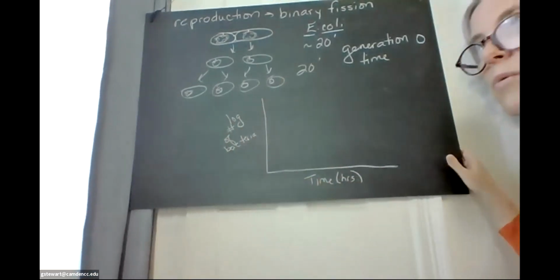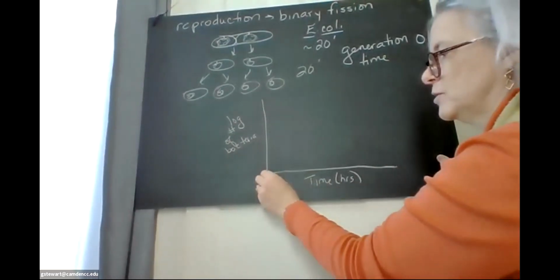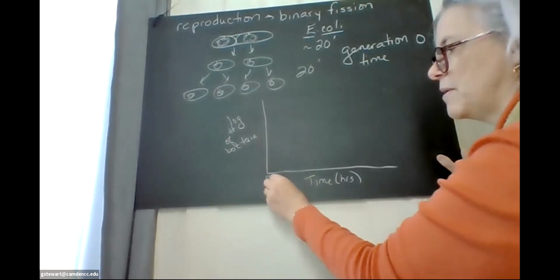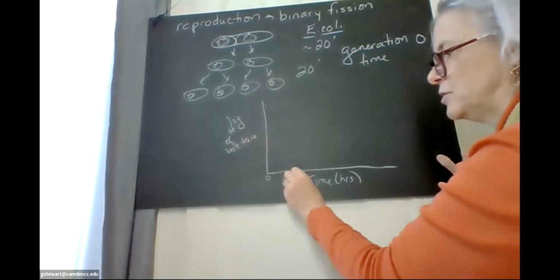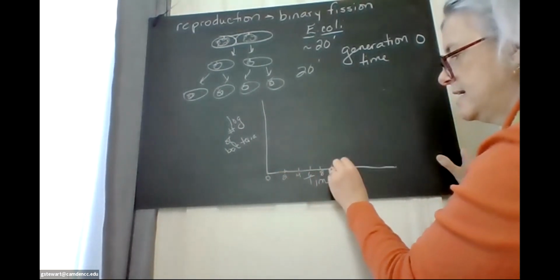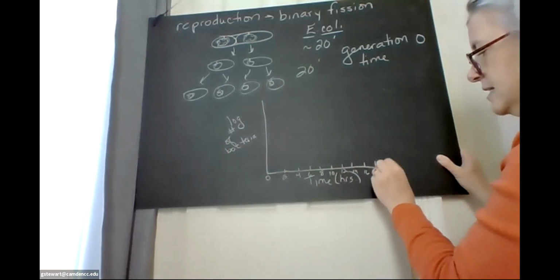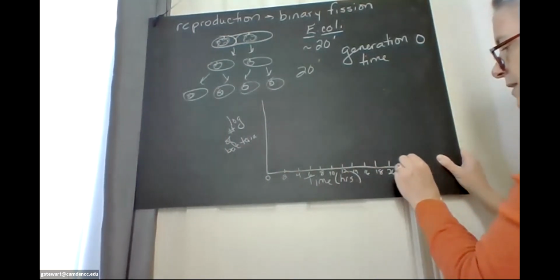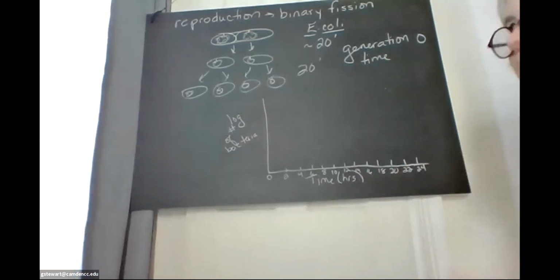And I don't care what bacteria it is, the graph will always have the same shape. So I'm going to put 0 here for 0 hours, and then I'm going to do them in increments of 2, 4, 6, 8, 10, 12, 14, 16, 18, 20. Oh, what the heck? Let's go all the way out to 24. There, whole day, right?